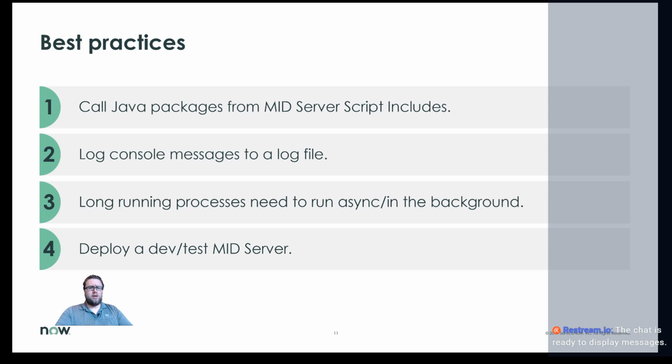The last thing I need to do in the middle of the day is take a production outage or trigger an alert that my infrastructure team then needs to go and debug, not knowing that maybe I caused it. So always, always, always try to deploy at least a dev server, if not a dev and a test mid-server, so that you can package your code up, send it down, and allow everyone to use that server without causing issues.